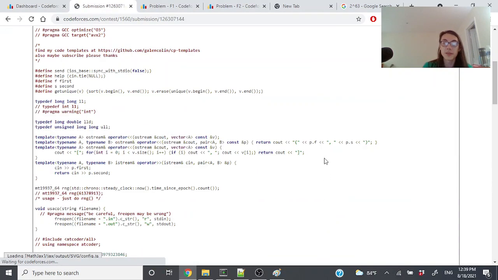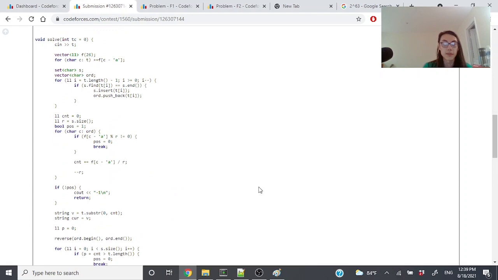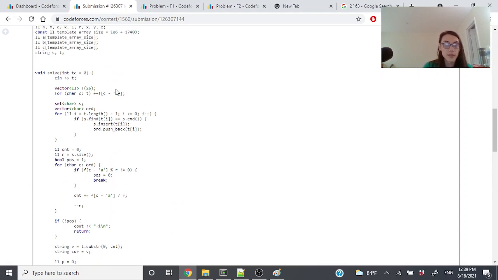My code actually doesn't do it so simply, but first I'll just go over the rest of the code. So first, find frequencies in T. This F of some letter is a frequency in T, not in S. So I'm going backwards. If this is a new character, it's at the new front of the order, or at the back of the reverse order. Using a set isn't necessarily efficient, but it doesn't matter.